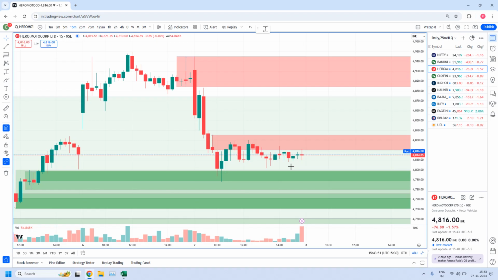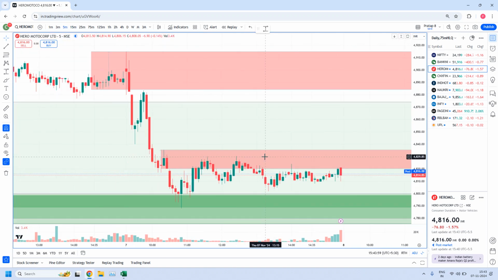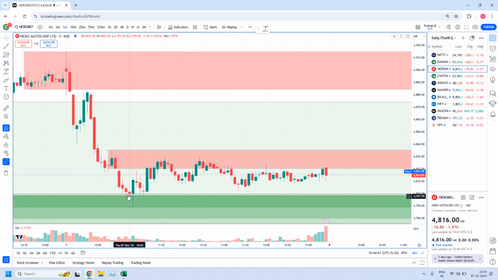But 2.5% we have to accept, whatever the profit we got. But the trade is completed within 15 minutes or half an hour. Let me check. You got the trade at 10:40, 5 minute candle, and your trade is completed at 11:10, 5 minute candle.